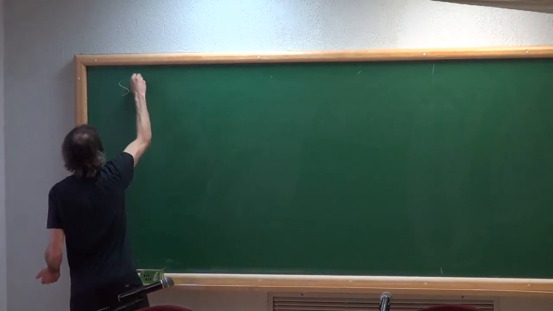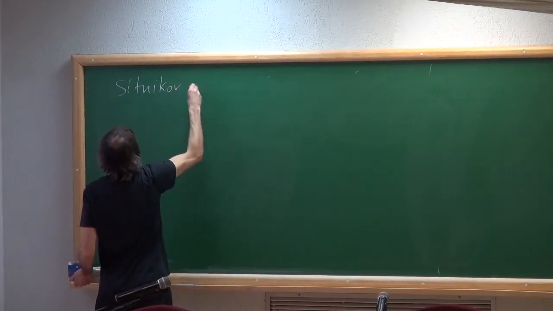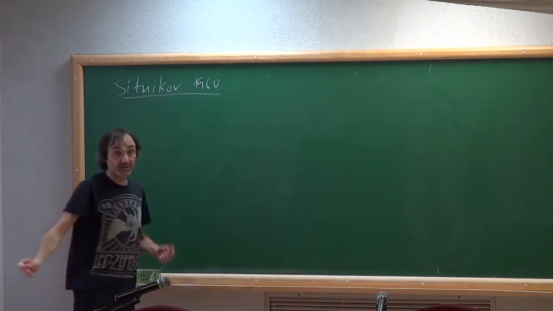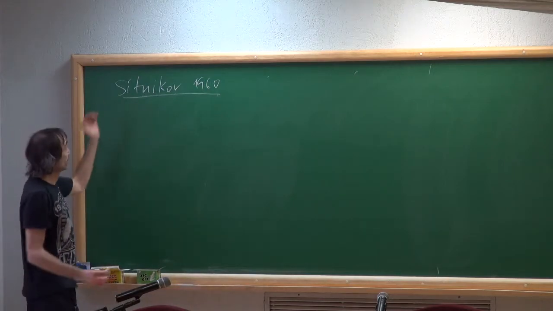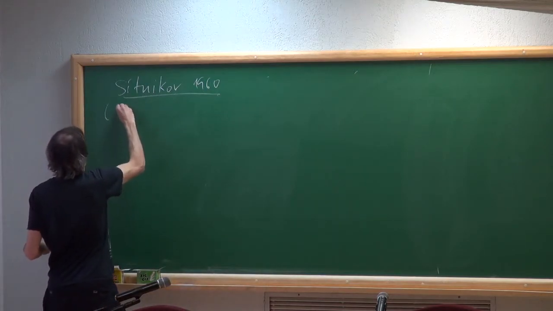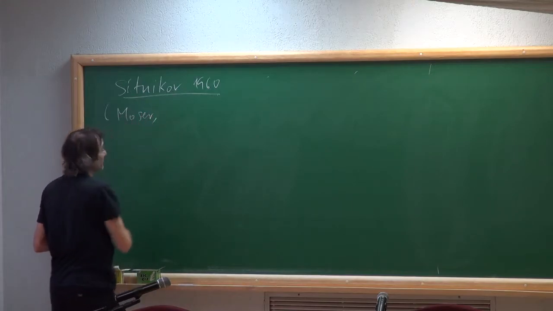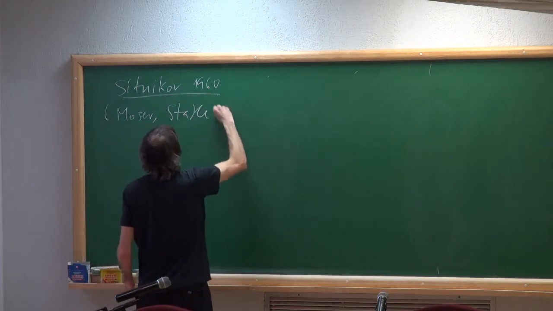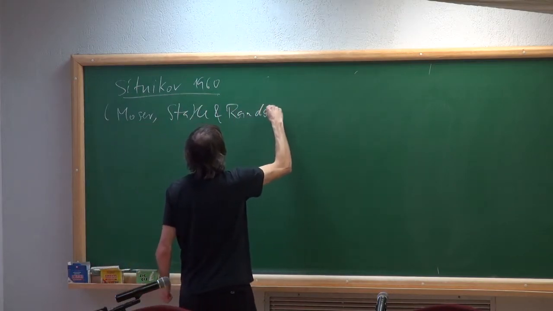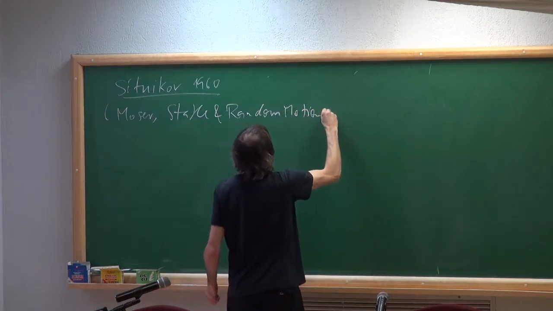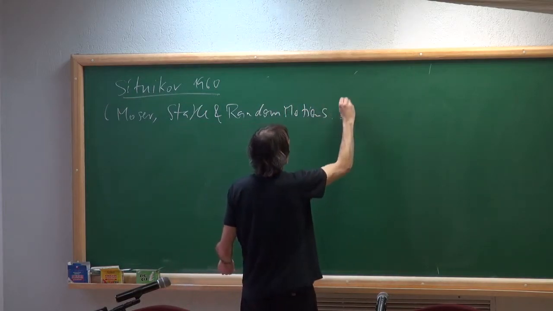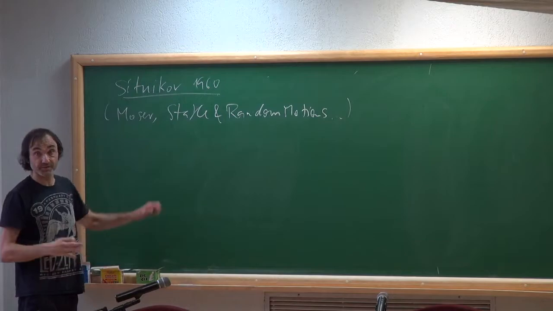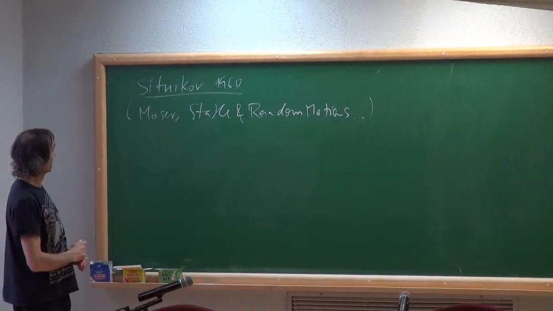This was studied by Sitnikov in 1960, and you find a very nice and detailed discussion of this in the wonderful book by Jürgen Moser, Stable and Random Motions in dynamical systems, celestial mechanics, something like that, you'll find it.